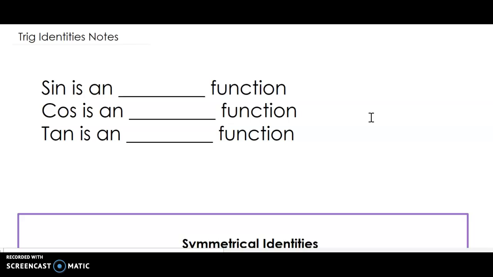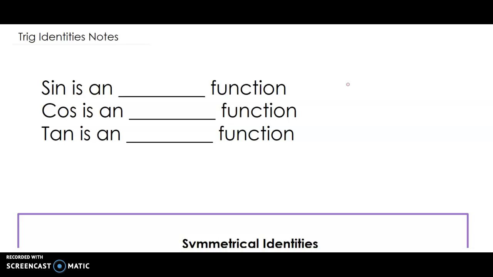Our trig identities, of course, are going to have to do with sine, cosine, tangent, our trig functions. And so we just did some fluency on some random functions, but let's talk about sine, cosine, and tangent. And you tell me, is sine an even or an odd function? Is cosine an even or an odd function? And is tangent an even or an odd function?